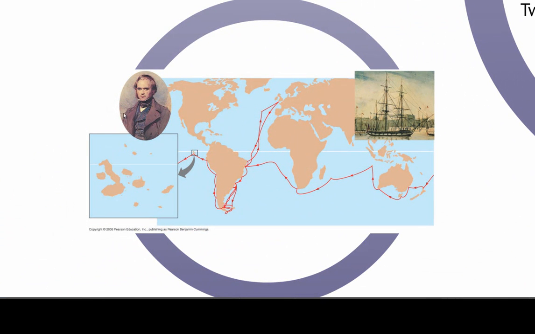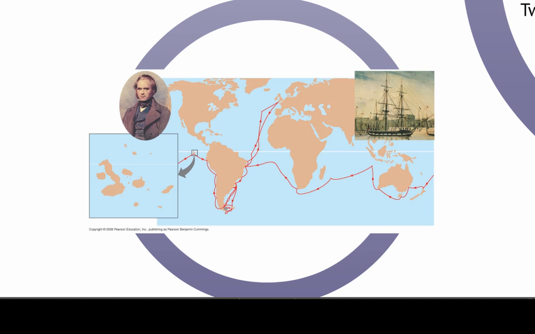So here's a picture of Darwin as a young man, and this is the ship he sailed on his famous voyage on the HMS Beagle. And you can see he started in England and sailed all the way around the world. He's most famous for the time he spent here in the Galapagos Islands, but he actually only spent 3 weeks there on a 3-year trip and spent a great deal more time in South America.